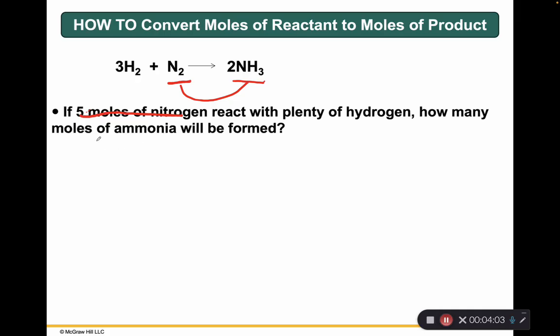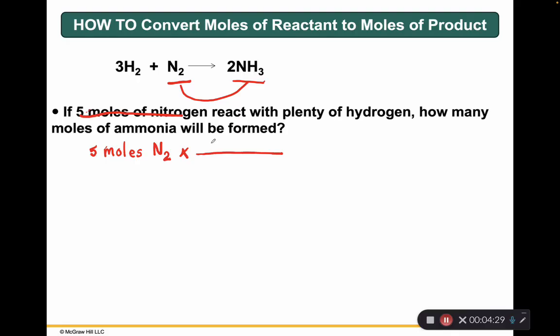What is the mole ratio between them to find the answer? So let's try this question starting from what we have. We have 5 moles of nitrogen, right? And now I use that as dimensional analysis. I have the mole ratio that 1 mole of nitrogen is equivalent to 2 moles of ammonia.